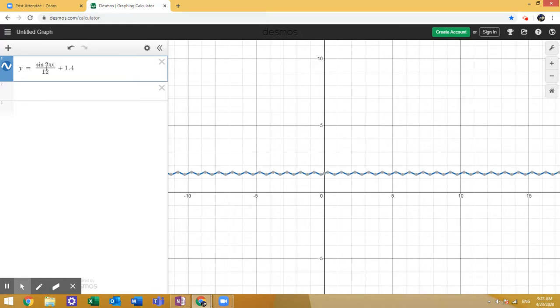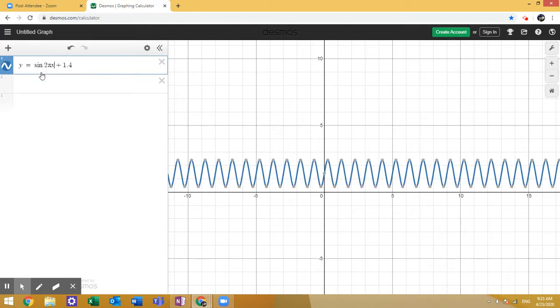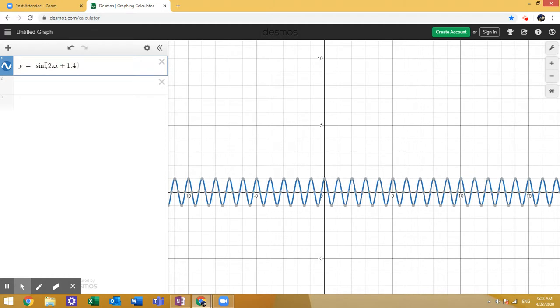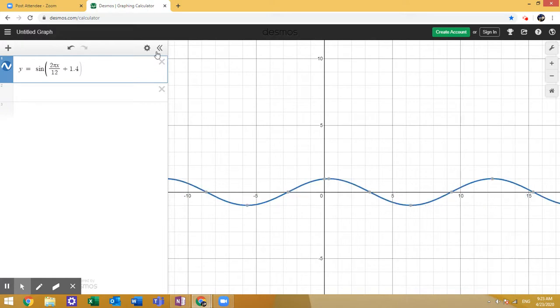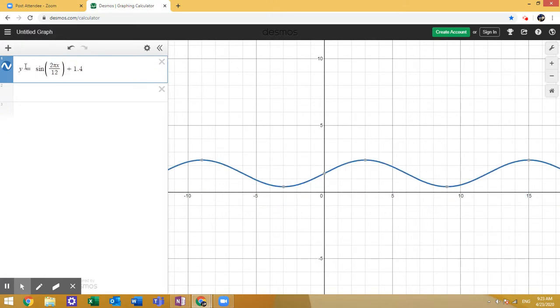Oops, okay, that's obviously dividing the whole thing by 12. So let's put some brackets in. Divide that by 12. There we go, that's much better. And I close my brackets there. So let's put my wavelength back in, 2 divided by 2.